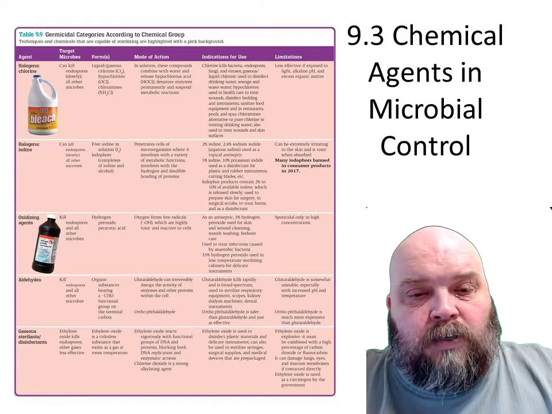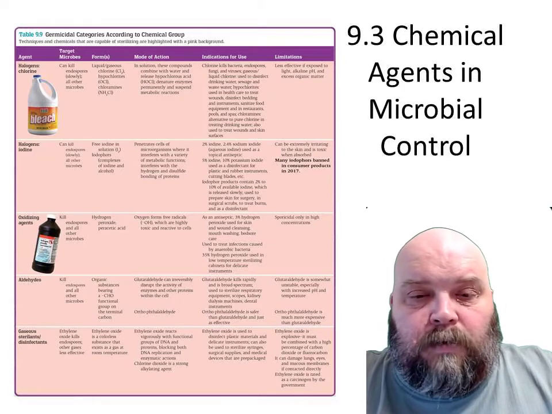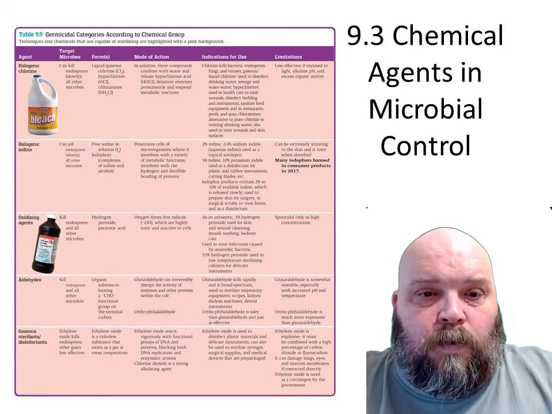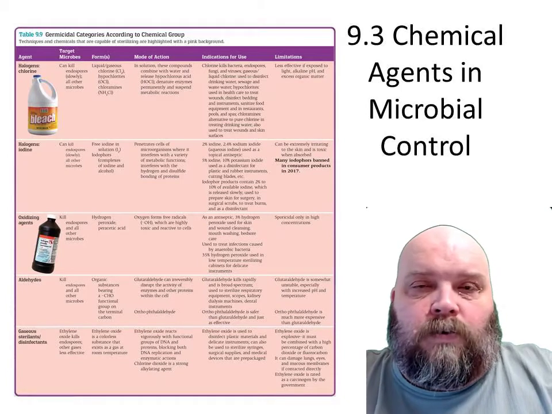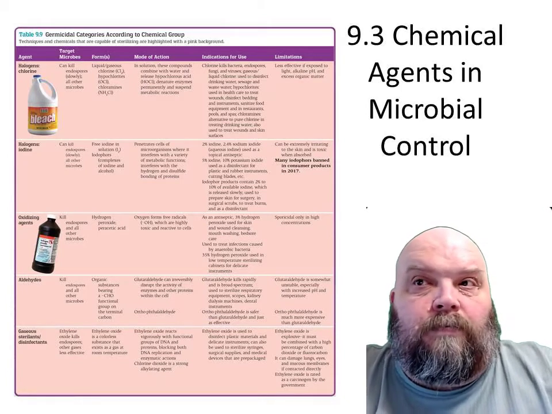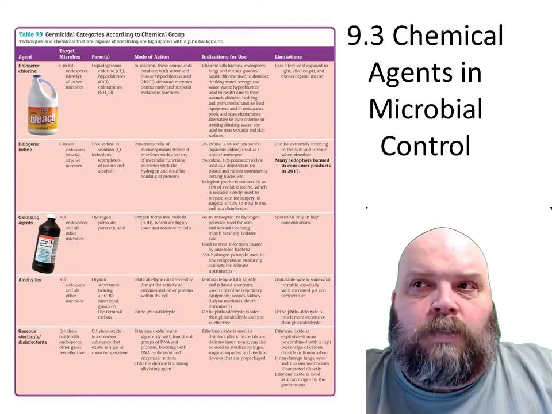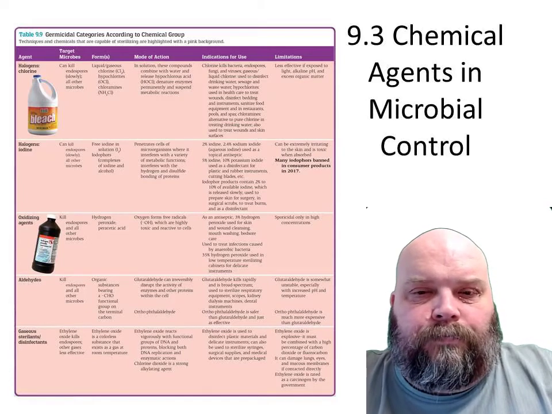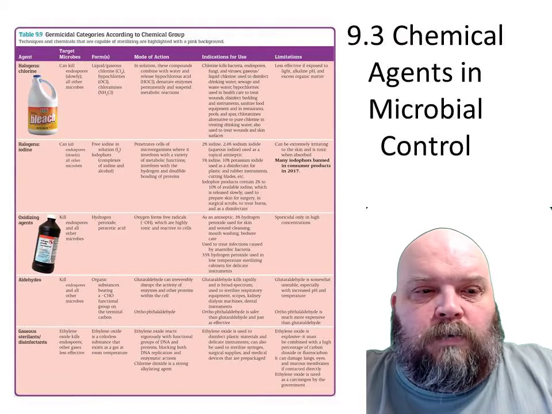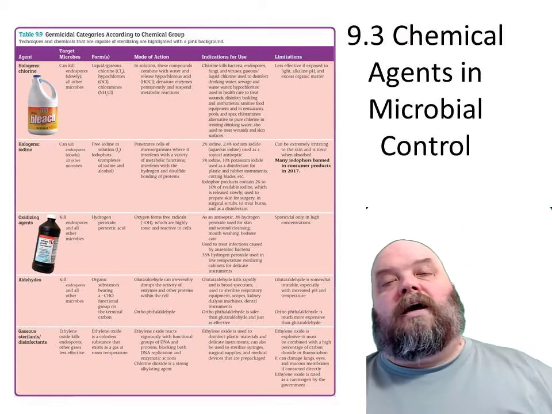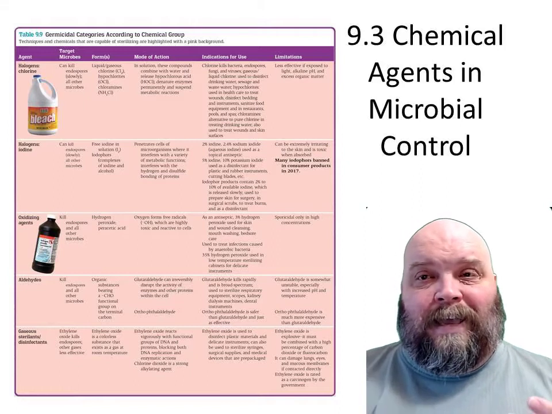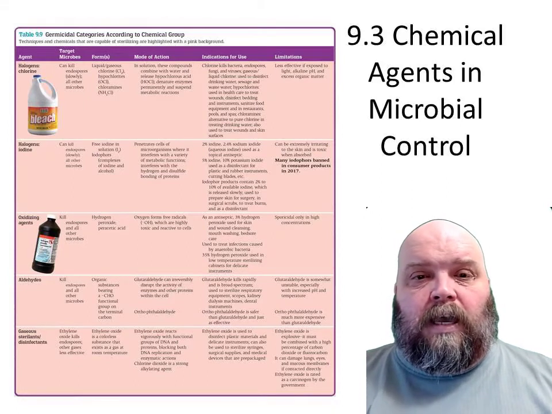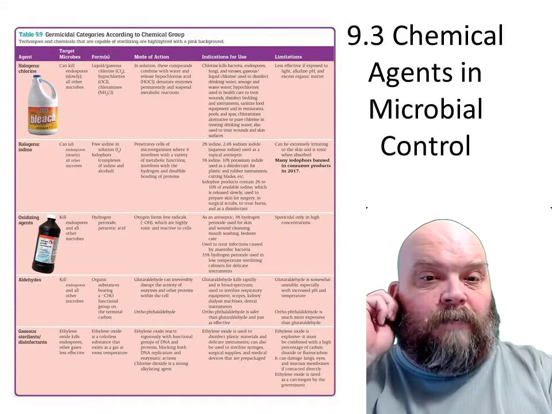Oxidizing agents like hydrogen peroxide damage pretty much all things, endospores, bacterial cells. Gets in, and the superoxide radicals strip hydrogens off of anything and everything, proteins, DNA. So different chemical agents are going to have different types of cells they can inhibit or kill, and different modes of action.